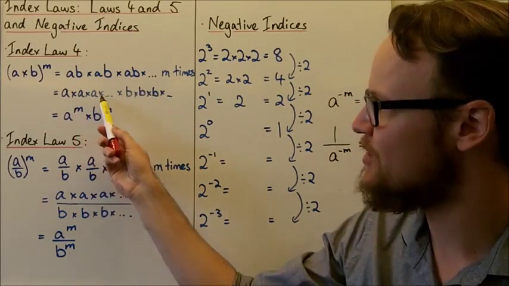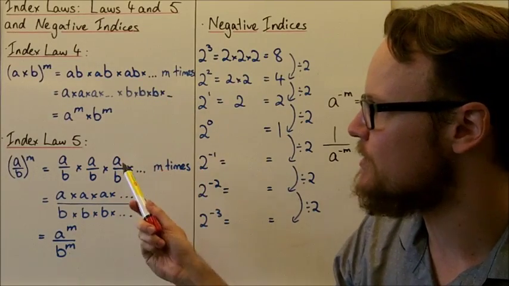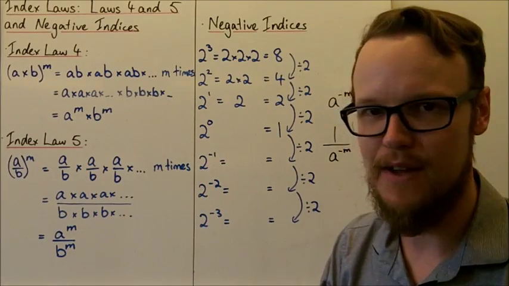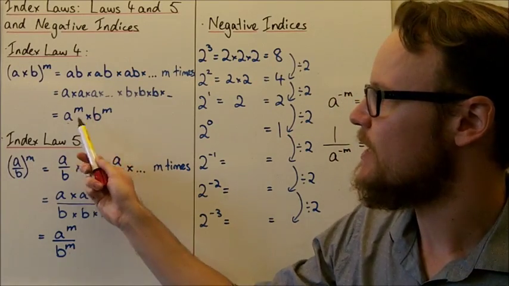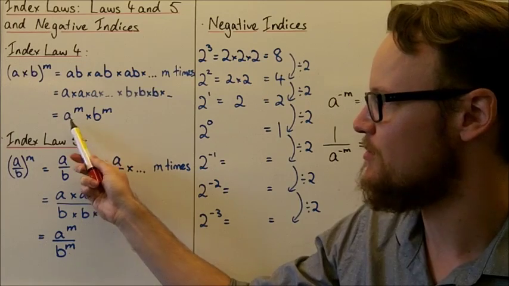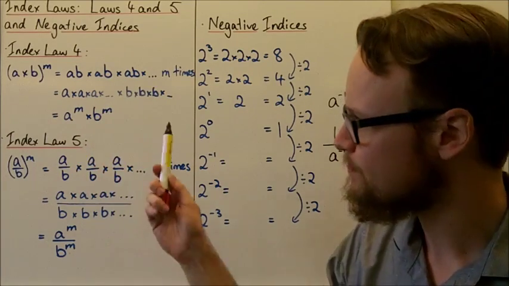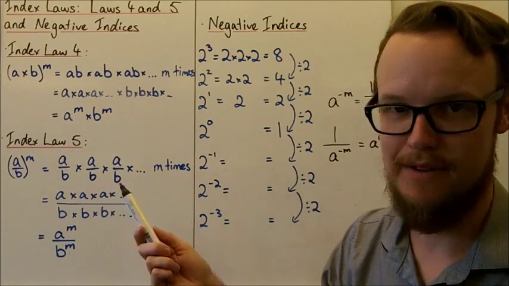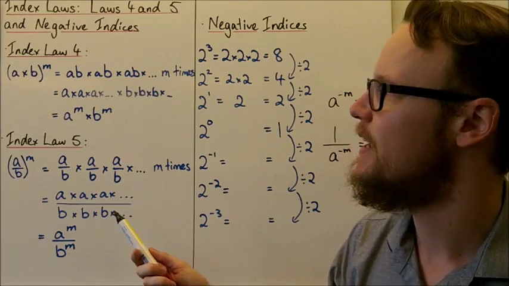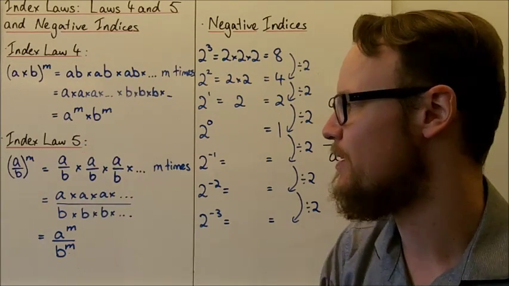So we've got a times a times a, m times, and b times b times b, m times. And then we can multiply those together. So, in effect, we have expanded out a times b all to the power of m. We get a to the power of m times b to the power of m.